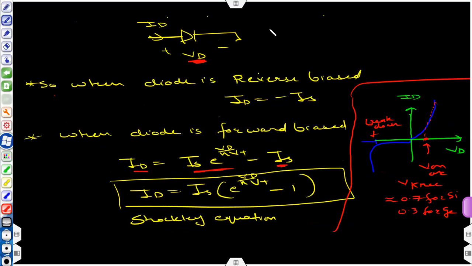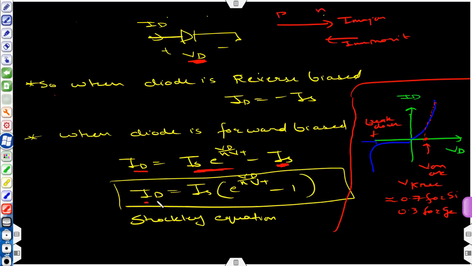So this is because of majority from P to N, and this is because of minority from N to P. So net current will be this minus this, so I majority minus I minority, which I have written two slides back.